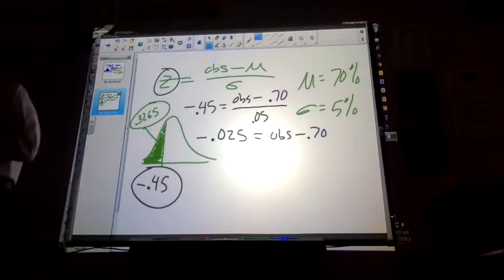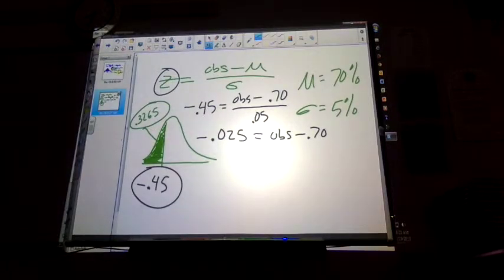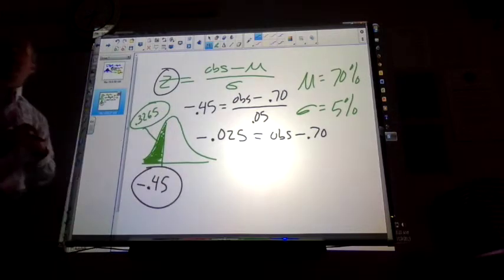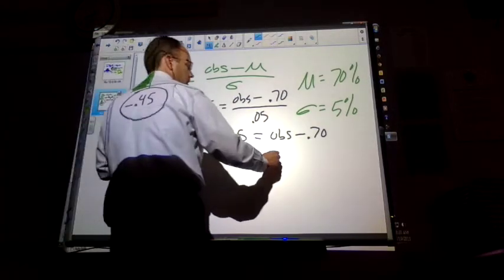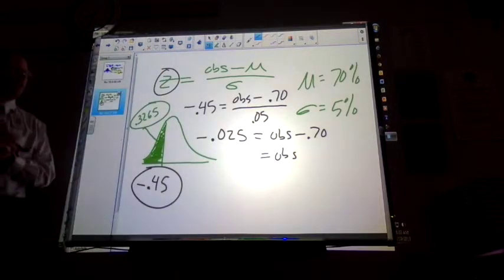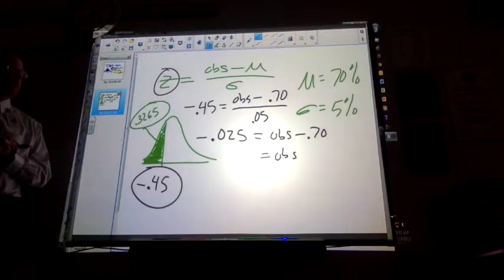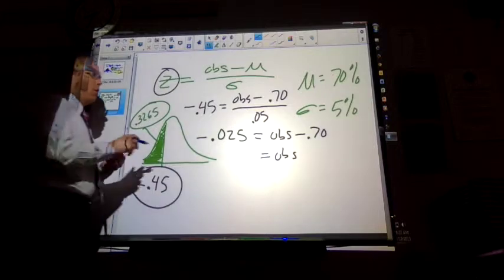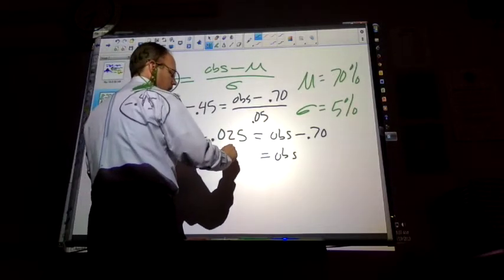How do I figure out the observed score now? Add 0.7, so negative 0.025, add 0.7 to that. So 0.70 minus 0.025 is 0.675.